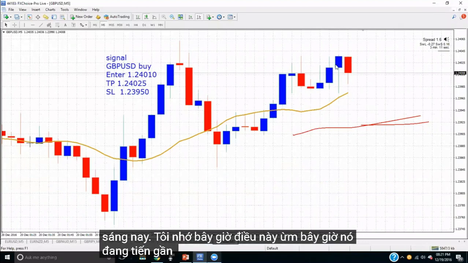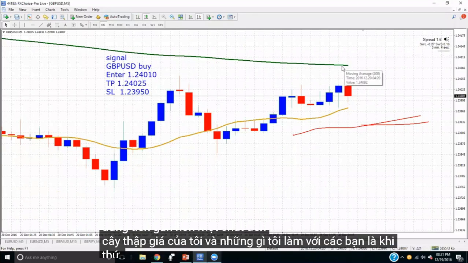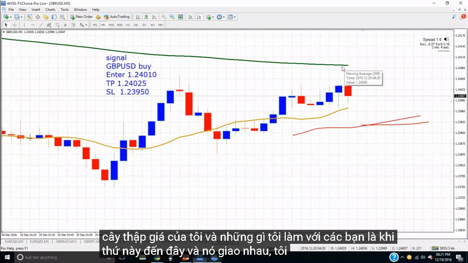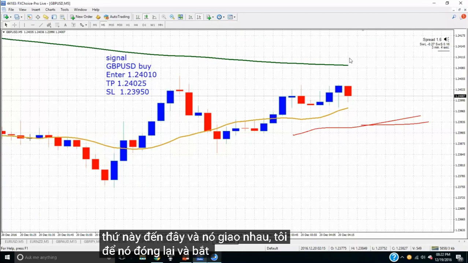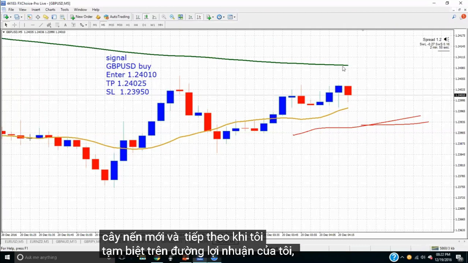Now this is getting a little bit closer to my cross, and what I do, guys, is when this thing gets up to here and it crosses, I let it cross, close, and start a new candle, and then that's when I go into my buy above my profit line.